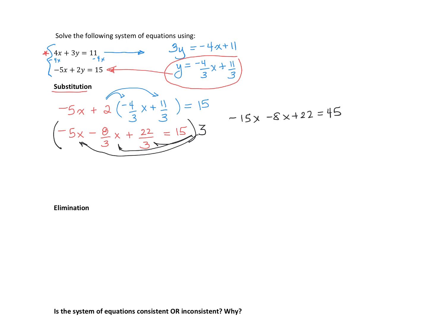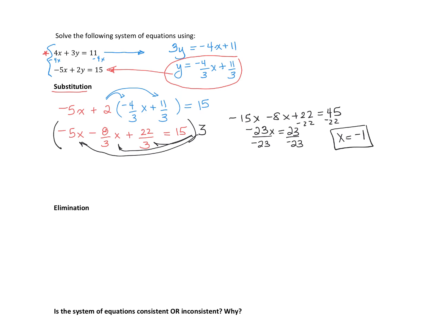So for negative 15 minus 8x, we're going to get negative 23x. I am going to subtract 22 from each side, and 45 minus 22 is going to give me 23. And then dividing by negative 23, I get x equals negative 1.